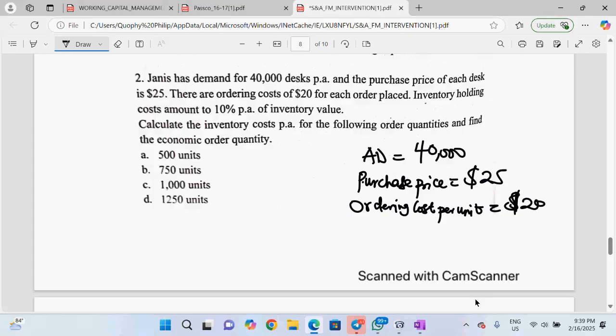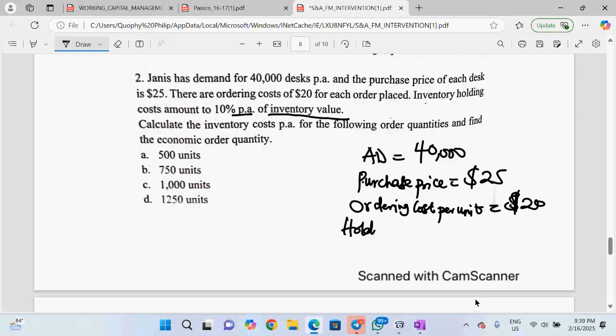Then we have the holding cost. The inventory holding cost amounts to 10% per annum of the inventory value. So the key word is inventory value: 10% of the inventory value. How much is the inventory value? It is the purchase price.